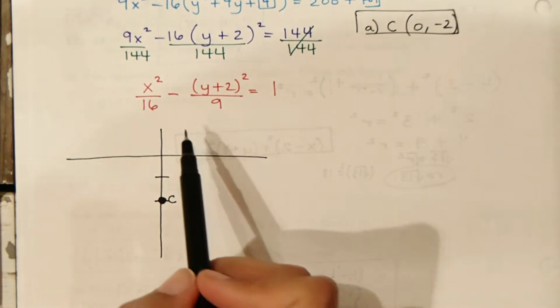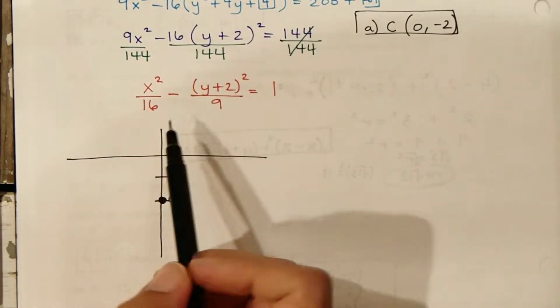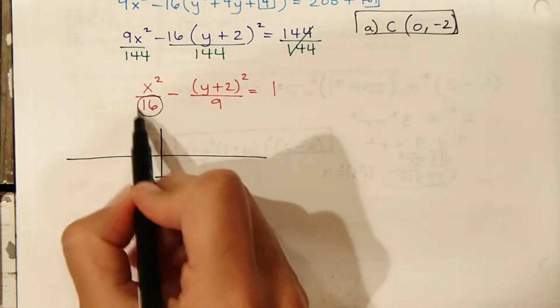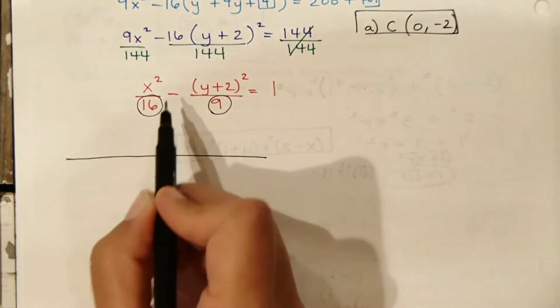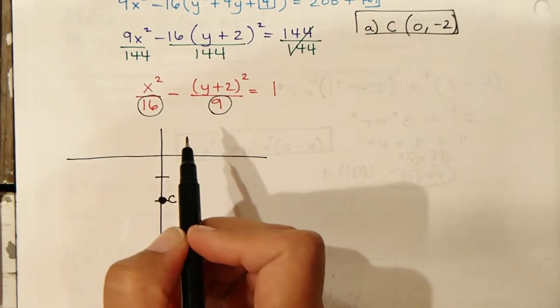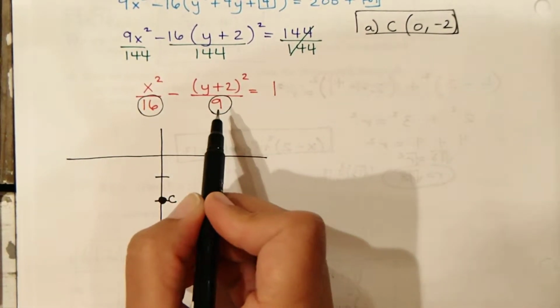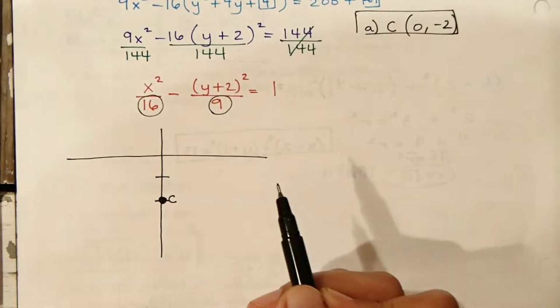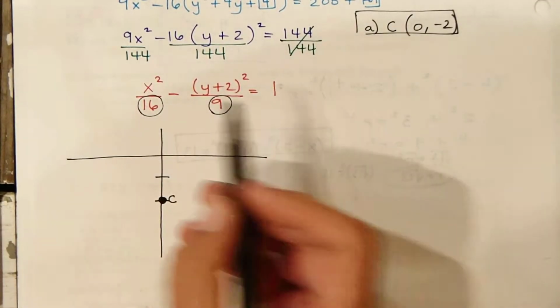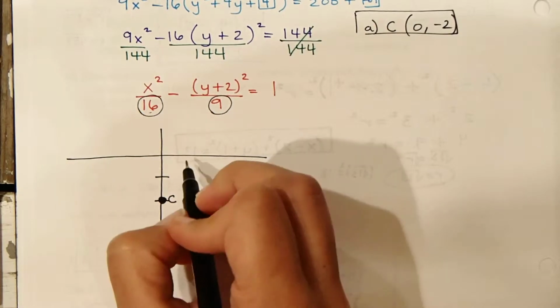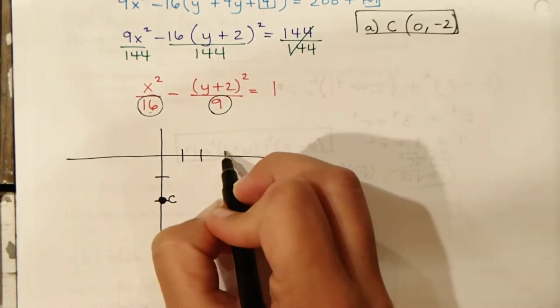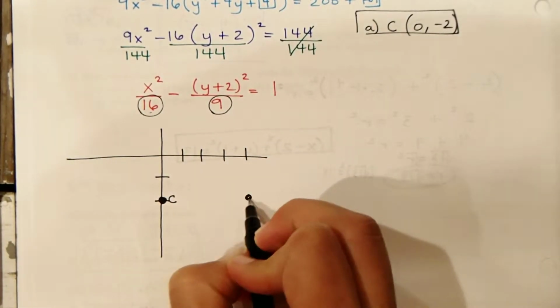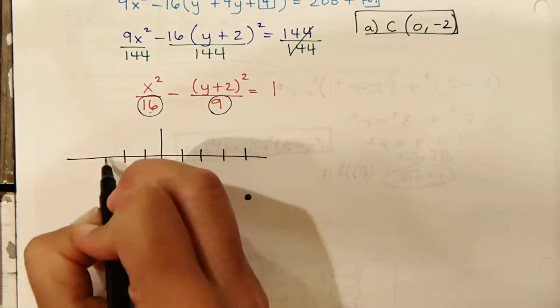Now, I want to see how far I'm moving on my x-axis and y-axis. These values here are going to tell me that. So we have a squared and b squared. The a value is going to tell me how much to move on the x-axis. So I take the square root of this, so that's 4. So I'm going to go 1, 2, 3, 4. And 1, 2, 3, 4.